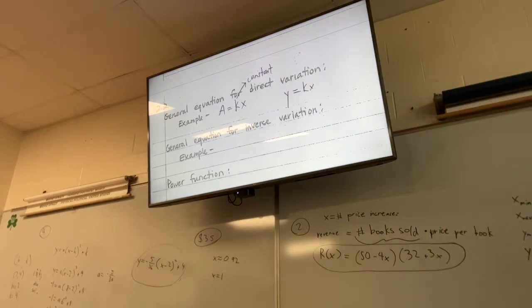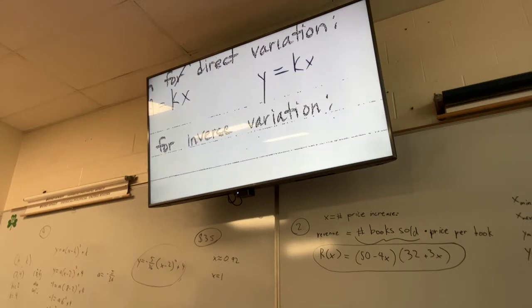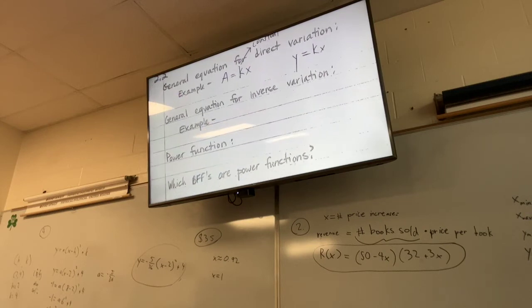So if y is directly proportional to x, or the direct variation, that means y equals x times a number. If it's inverse, if y is inversely proportional to a variable x, it's going to be y equals k over x.